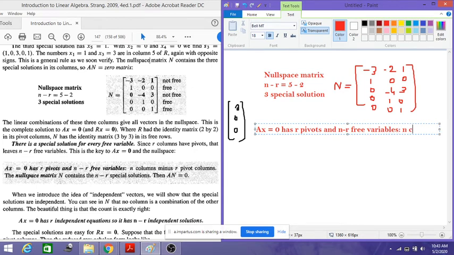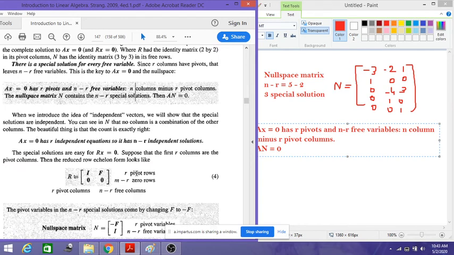So that means there are n columns minus the same thing, n columns minus r pivot columns. So then the null space matrix N contains n minus r special solutions. So then we can straight away write this as A times N is equal to 0. So that is about it.